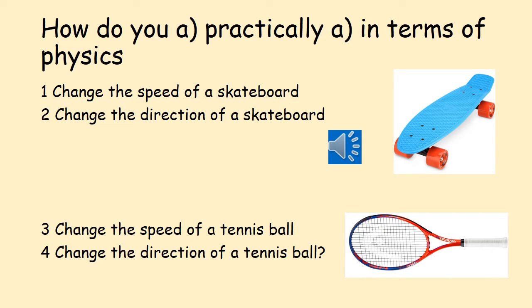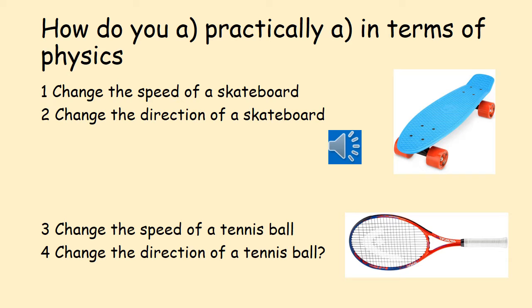In order to speed up your skateboard, you simply kick along the ground, and that transfers energy into the kinetic store of the skateboard. In order to decrease the speed of the skateboard, you could use your foot and drag that along the ground. You could tilt the skateboard backwards so the back of the skateboard drags on the ground, or you could roll the skateboard into a rougher surface, for example into some grass or some gravel.